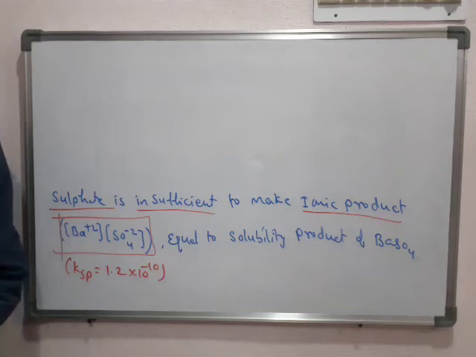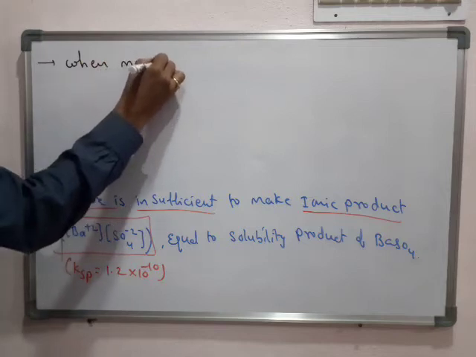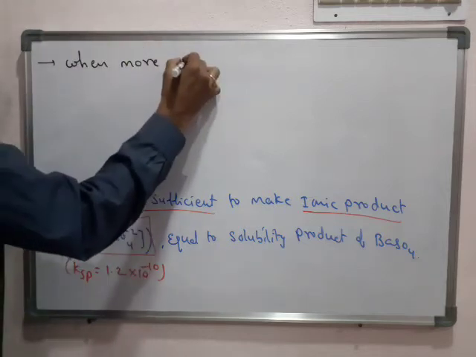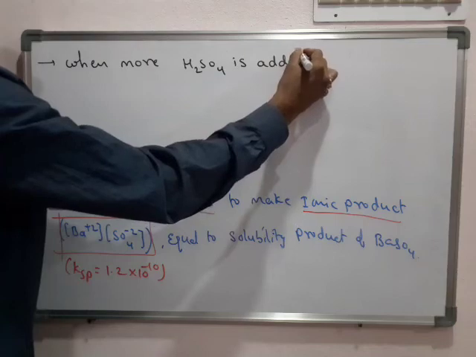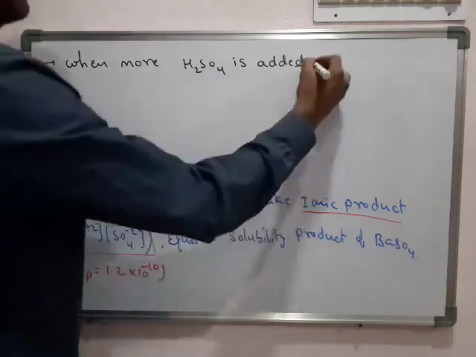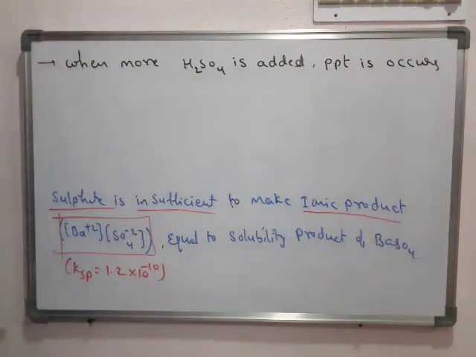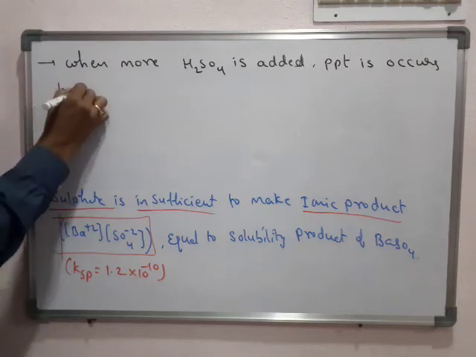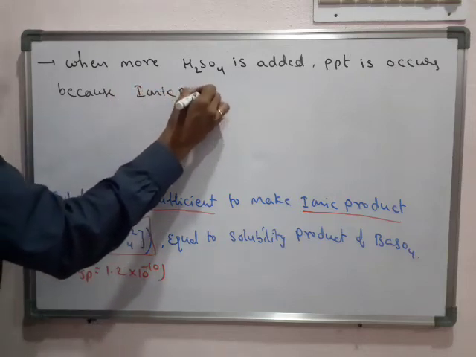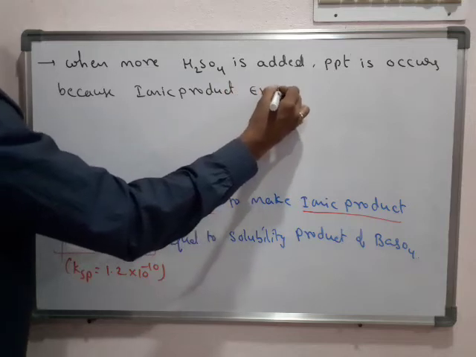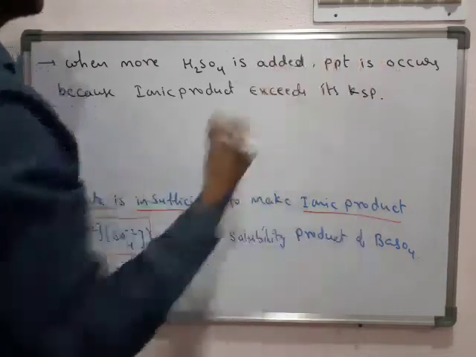So the main point here we can write is: when more sulfuric acid, H2SO4, is added, a precipitate occurs. The precipitate forms because its ionic product exceeds its solubility product.